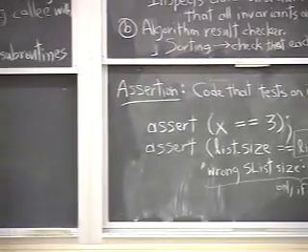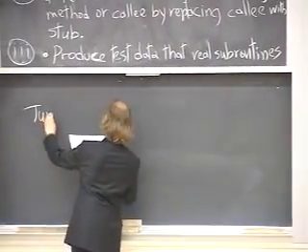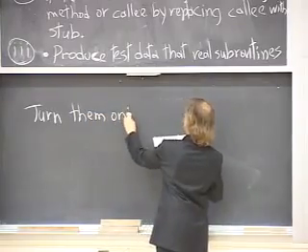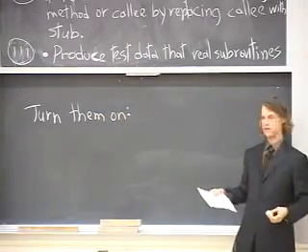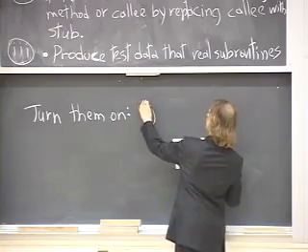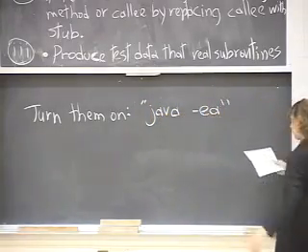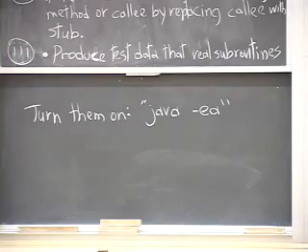And so here's how you do it. When you want to turn them on, so you want to actually test your code and check all the assertions, you run Java with the -ea flag, which stands for enable assertions.